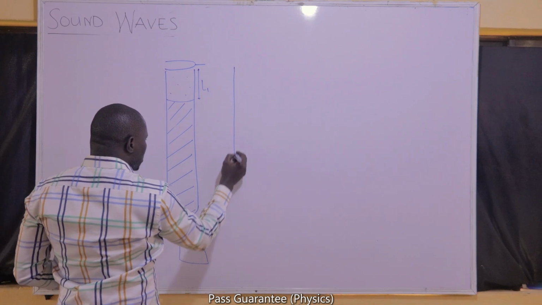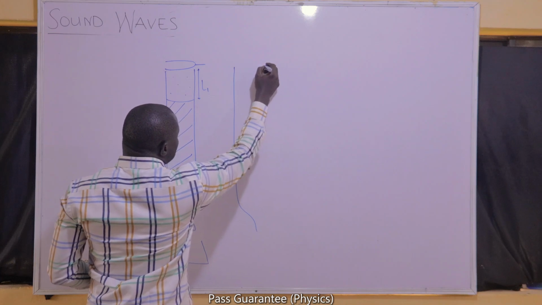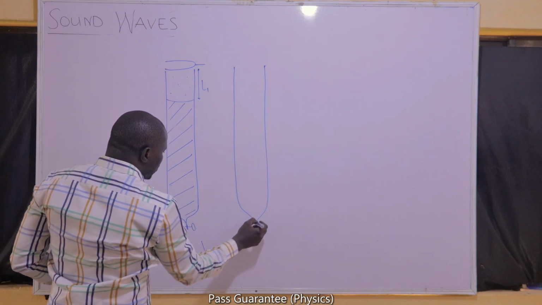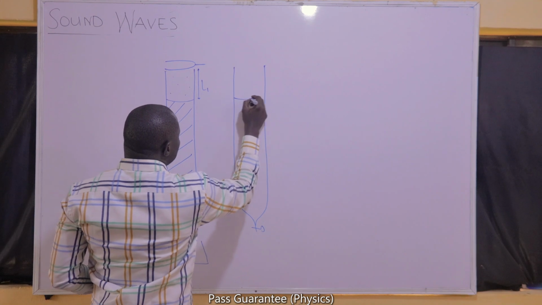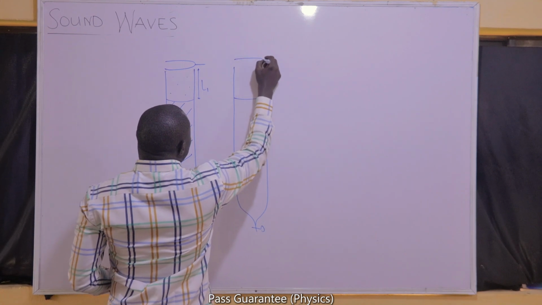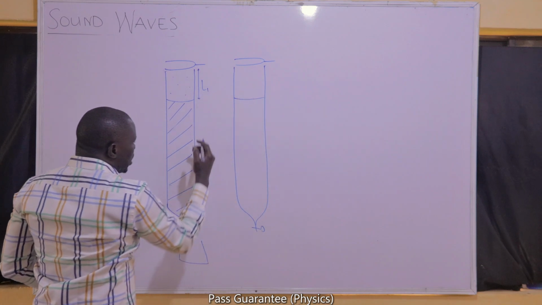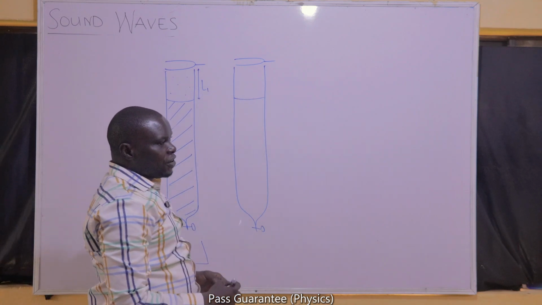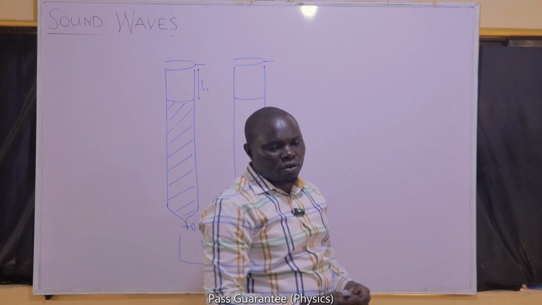We will repeat the process again with the same tube. You are not adding more water. It's still the same quantity of water that is left that you are going to continue with. Because we believe in physics that the tube can actually have different quantities of air that will have the same natural frequency.